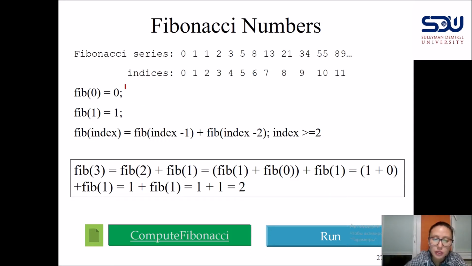We have two meanings: Fibonacci of 0 is equal to 0, Fibonacci of 1 is equal to 1, and the Fibonacci function with index is equal to Fibonacci index minus 1 plus Fibonacci index minus 2, with the condition that index is greater than 2. Let us try to perform this method with two bases.